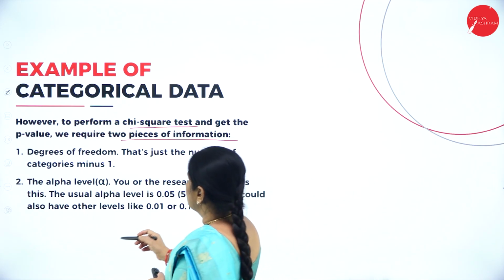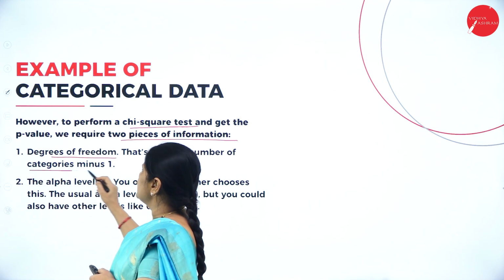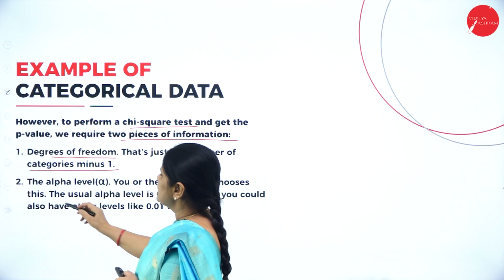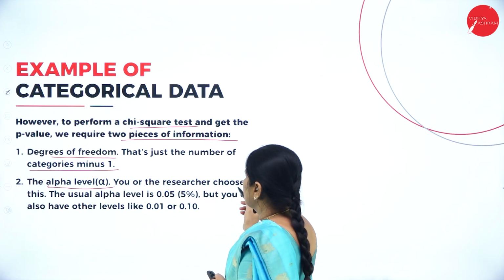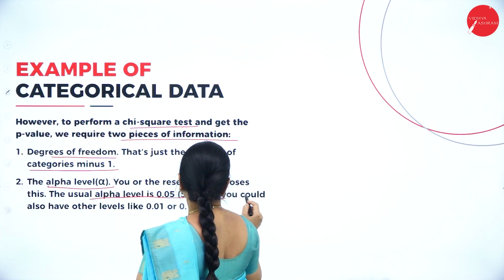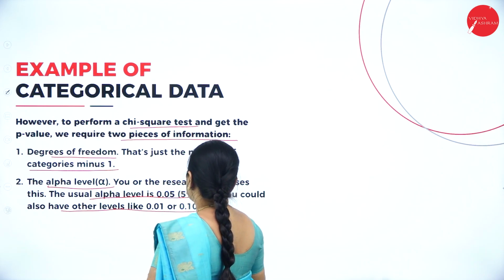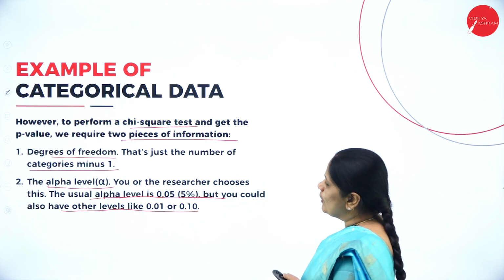The first one is the degrees of freedom, that's just the number of categories minus 1, and the second one is the alpha level. You, the researcher, choose this, and the usual alpha level is 0.05, but you could also have other levels like 0.01 or 0.10.